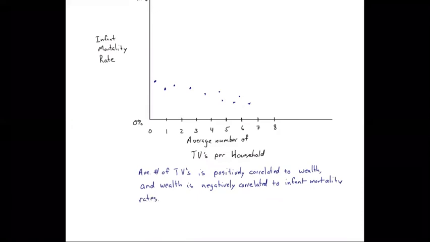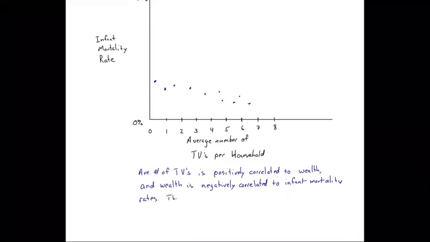And if average numbers of TVs is positively correlated to wealth, and wealth is negatively correlated to infant mortality rates, then average number of TVs will also be negatively correlated to infant mortality rates. It's a bit of a transitive process there, but I think we can see how that would work out.